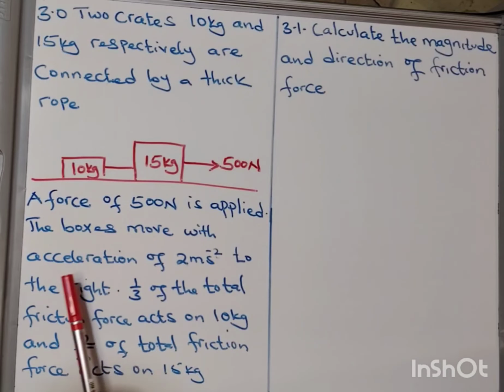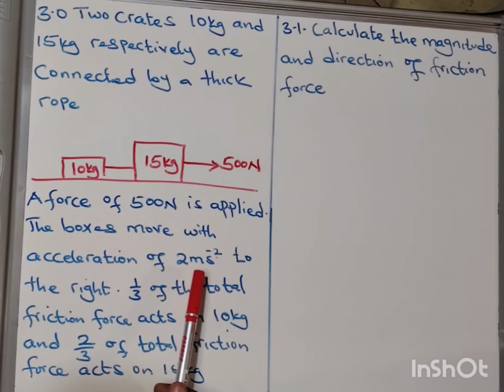The boxes move with acceleration of 2 meters per second squared to the right. A third of the total friction force acts on the 10 kg and 2/3 of the total friction force acts on the 15 kg. The question says, calculate the magnitude and direction of friction force.